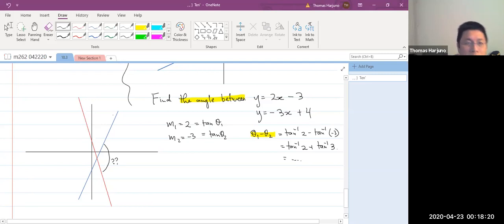Now notice that this is our theta 1, and this is our theta 2.